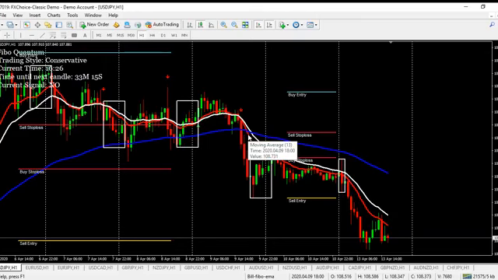We like for these to line up red, white, and blue from the bottom up if we take a sell entry, and red, white, and blue from the top down if we take a buy entry. That's one of the main rules with the Fibo Quantum indicator: you only take trades with the trend, right?